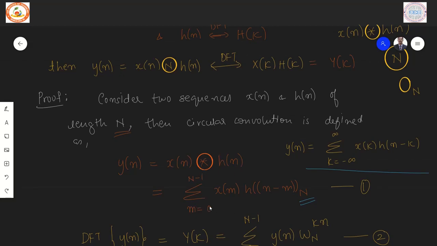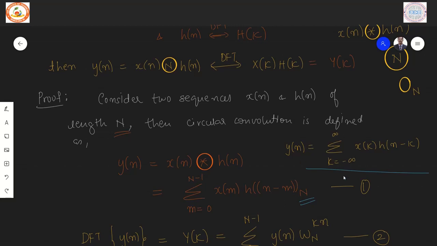The expression is: summation m equals 0 to N minus 1 of x of m into h of n minus m mod N. Now, just for comparison, I have written the linear convolution expression here.